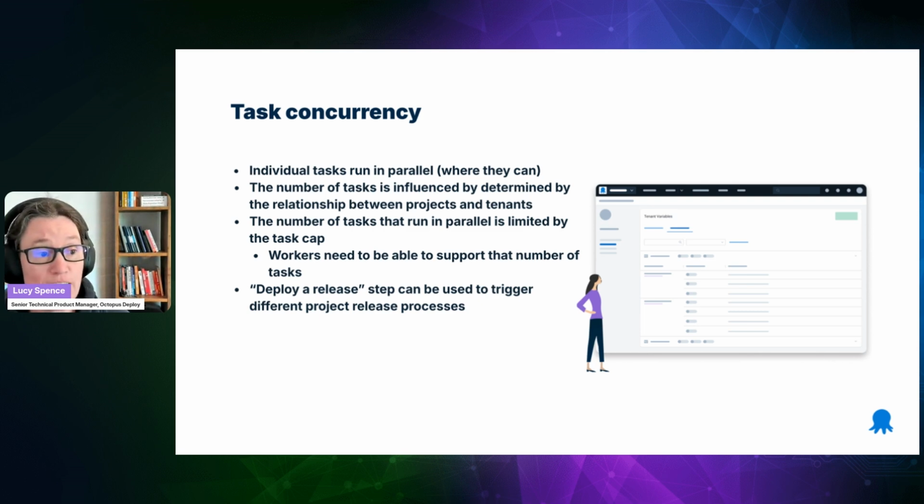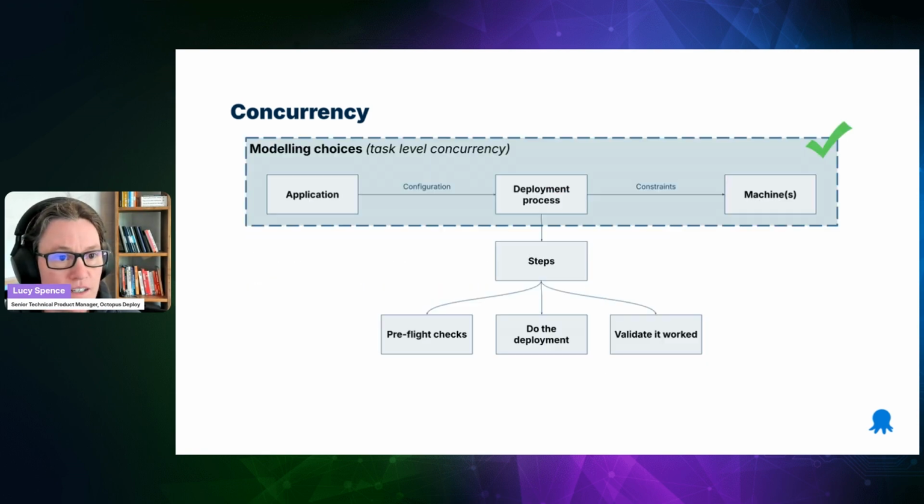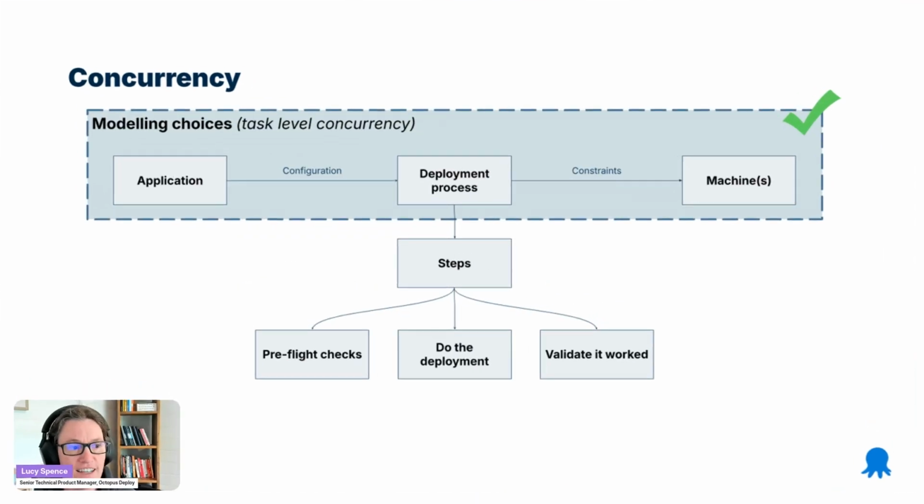So if you're doing really big deployments, we should be able to handle hundreds, possibly thousands of concurrent deployments, which will ease quite a bit of that time pressure for people. So that's the task level concurrency.